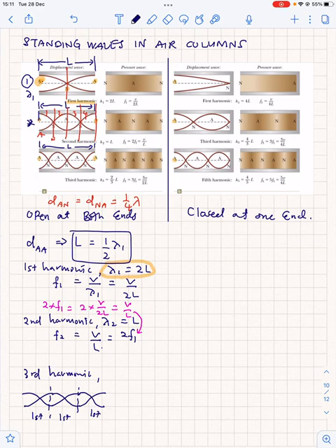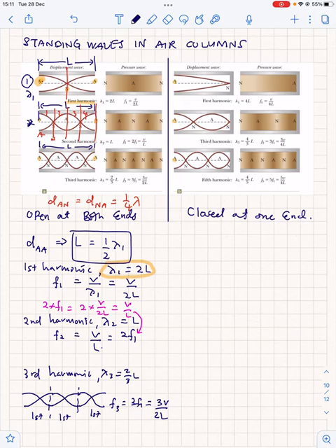Okay, right. And then for the third harmonic, lambda 3 will be equal to 2 over 3 L. And F3, the third harmonic, will be equal to 3F1, which equals 3V over 2L.